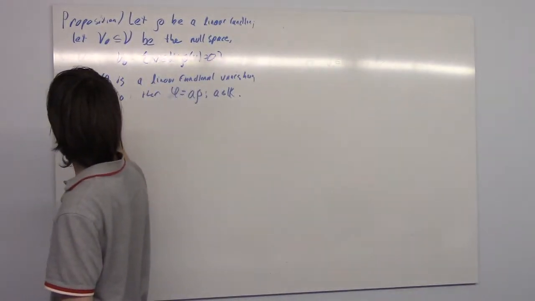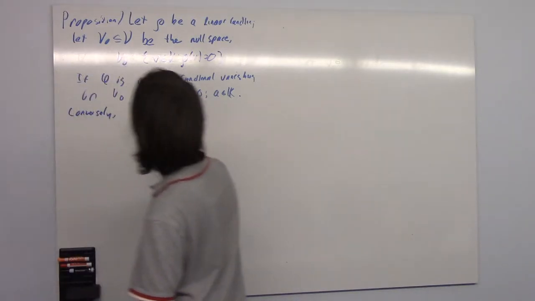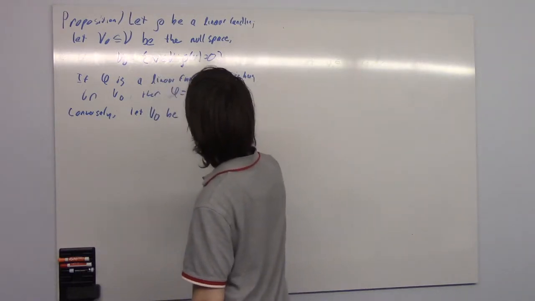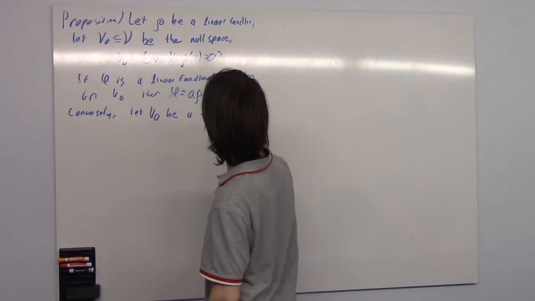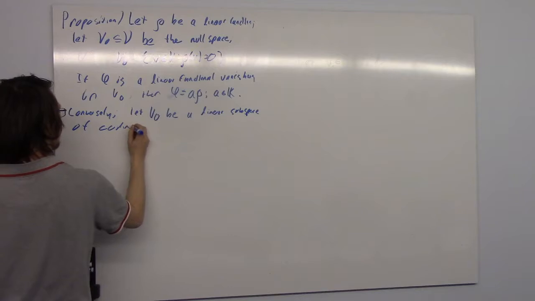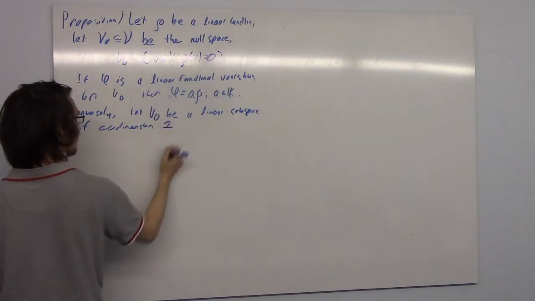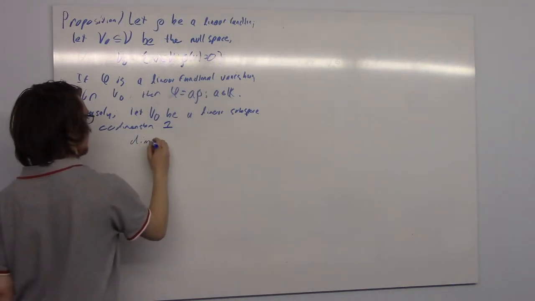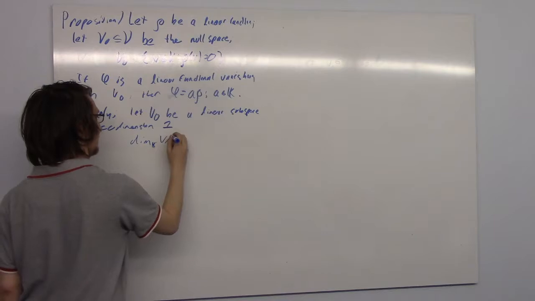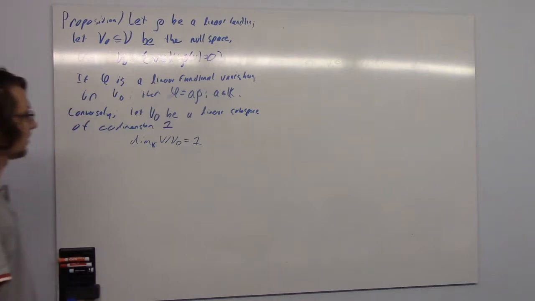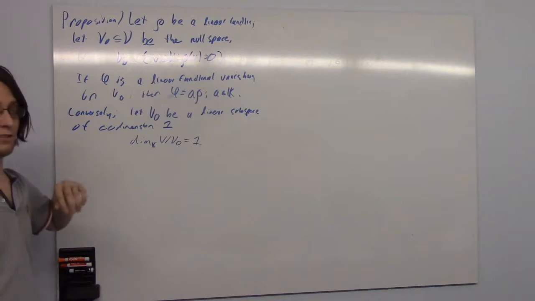Conversely, let V naught be a linear subspace of codimension 1. That means the dimension over K of V mod V naught equals 1, which is the exact case we have with the null space of a non-zero linear functional.